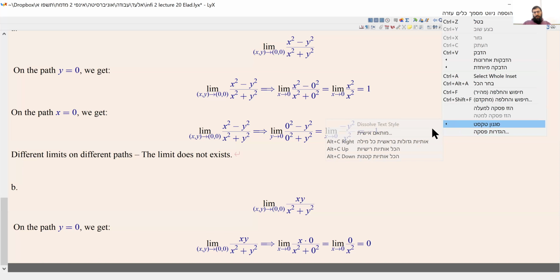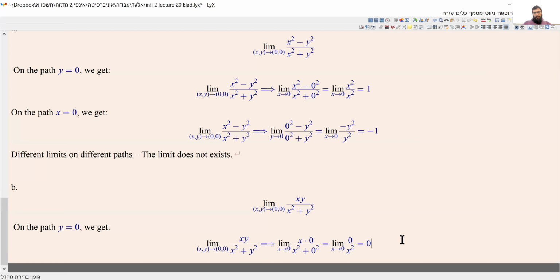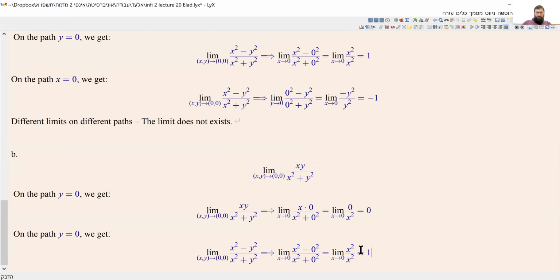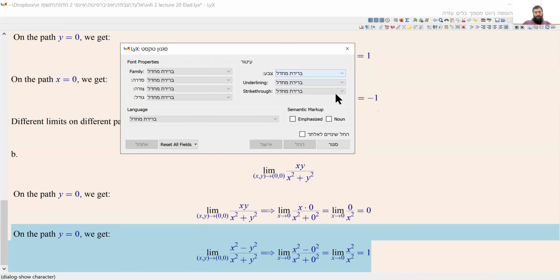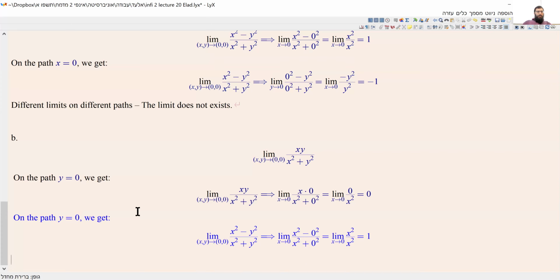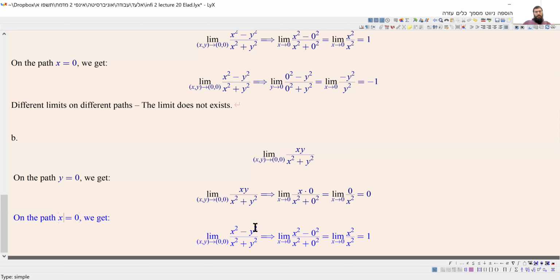Now, for my next trick, I will use a different color. Let's make it blue, our secondary color. On the path x going to 0, we get 0 multiplied by y over 0 squared plus y squared, which is 0 above y squared, and yet again y squared goes to 0, but 0 is already there, so it is just 0.